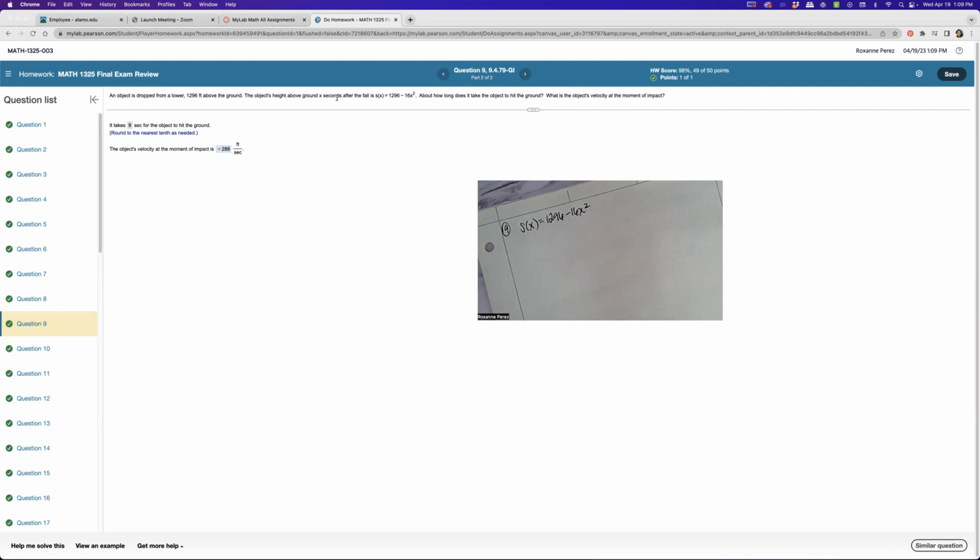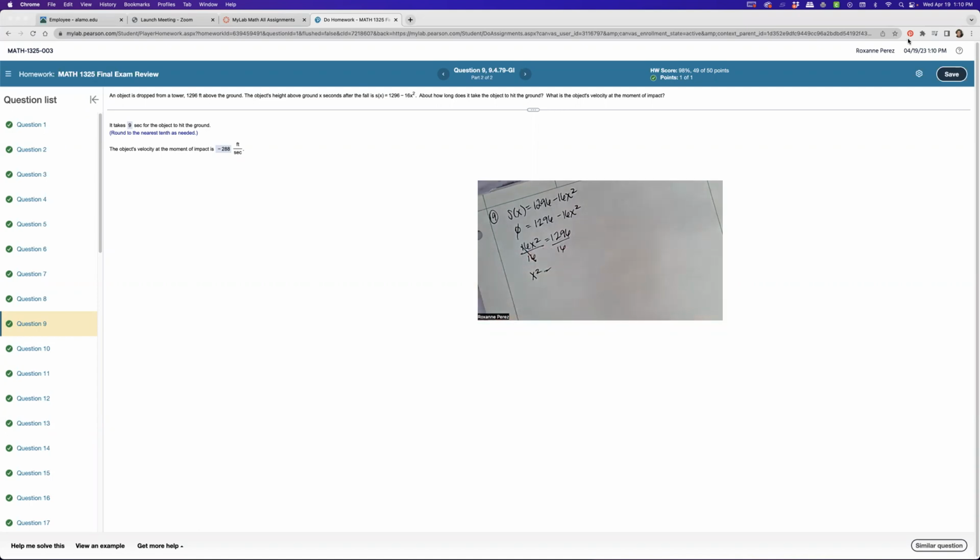Okay, so at the moment that it hits the ground, the height s of x is equal to 0. So 0 equals 1296 minus 16x squared. You're going to solve for x. So 16x squared equals 1296. Divide both sides by 16.